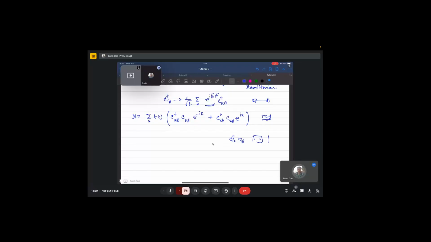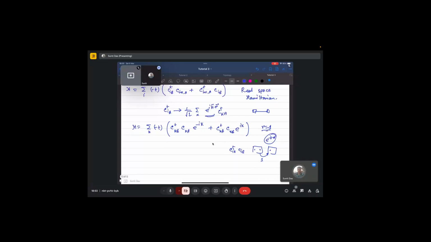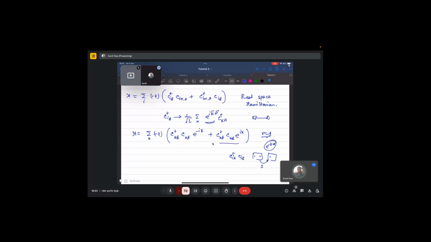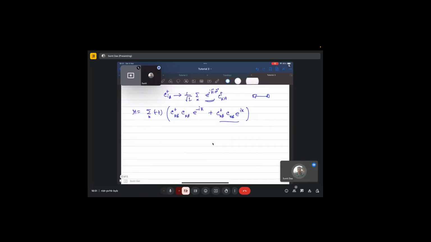Now in this case we are going from one unit cell to another, and this distance is, let us say, unit. So then e to the power ik dot r, r is unit. So you will pick up an extra e to the power ik, and for the Hermitian conjugate you will get an e to the power minus ik, or vice versa. So this is the source of e to the power ik, and it turns out this will be playing an important role.